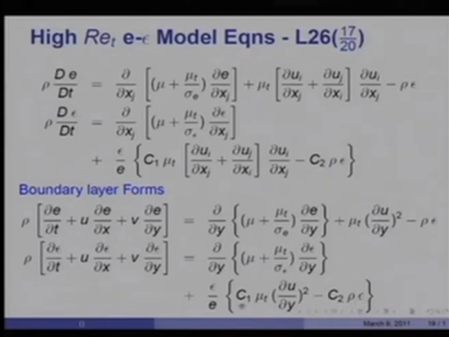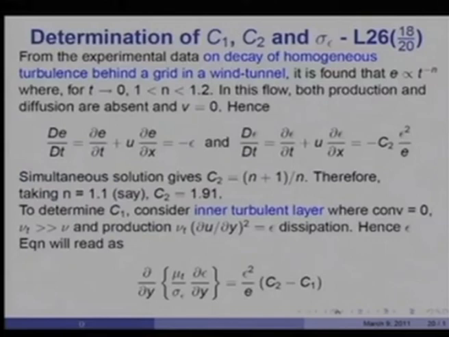The question now is, how do we determine C1 and C2 and sigma epsilon? These are determined from observation of experimental data in decay of homogeneous turbulence.